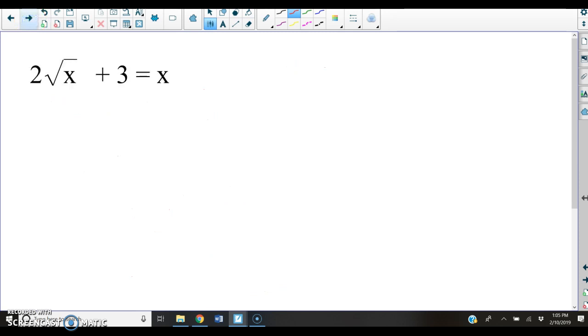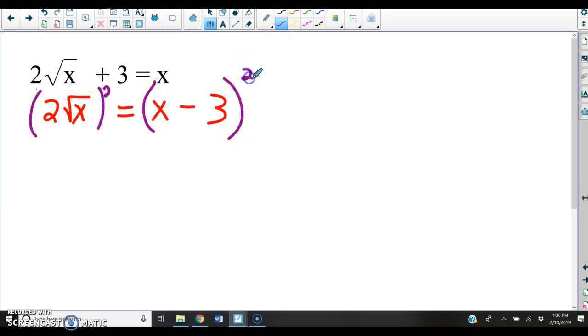Okay, here's one. Now we're going to start getting into some more algebra stuff that you might not say, oh, that was so easy, now it's not. You're right, it's not. So when I isolate my radical, I'm going to consider, do I divide out that 2? Well, in this case, I'm not going to, because the other side is not easily divided by 2.